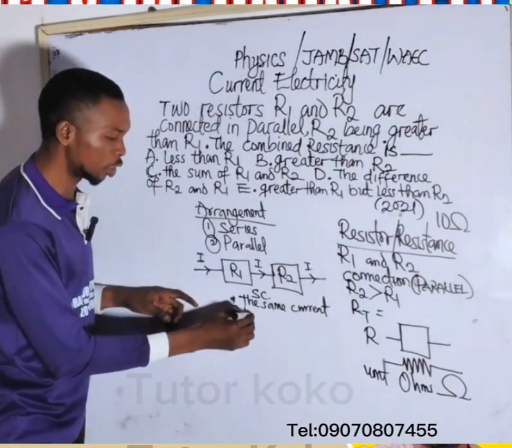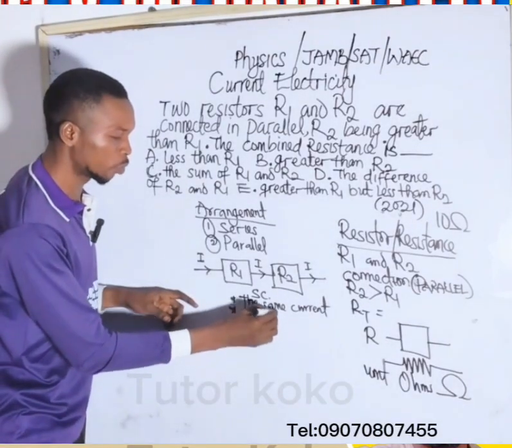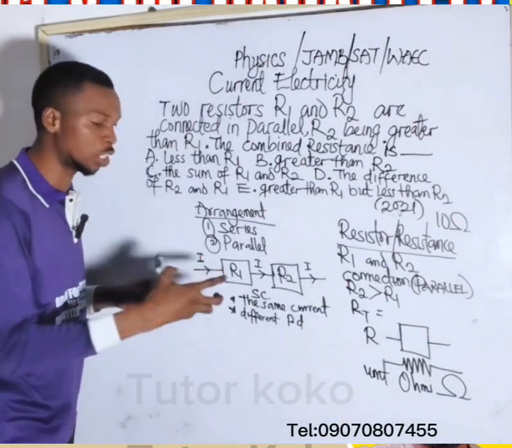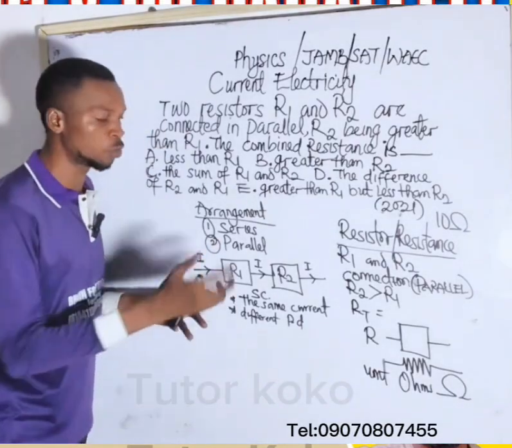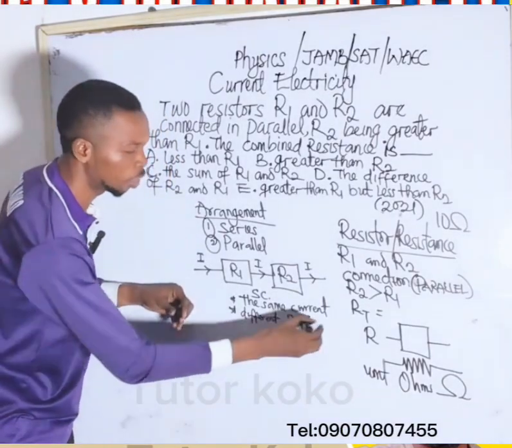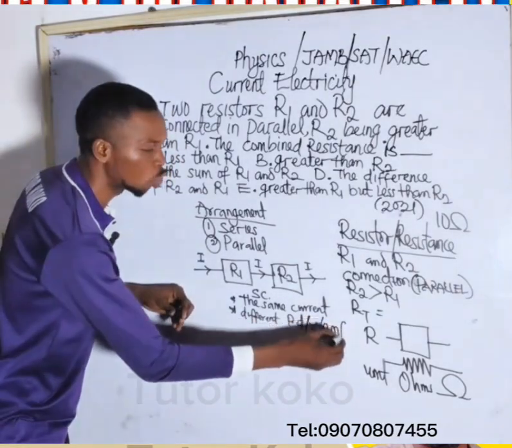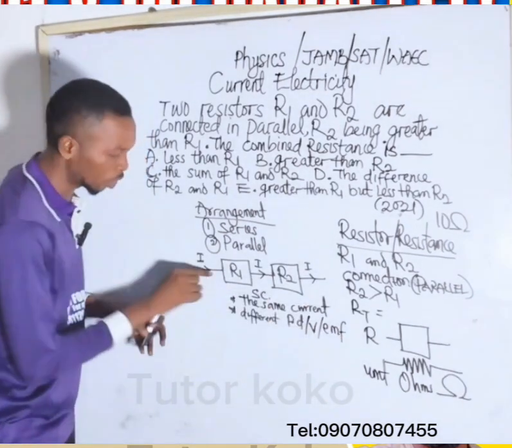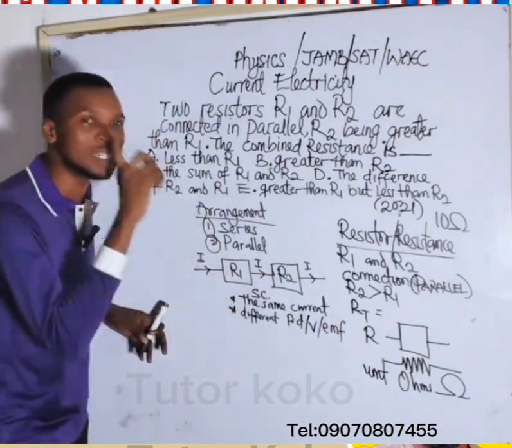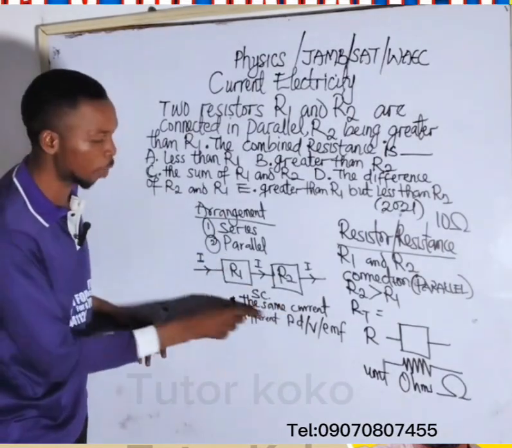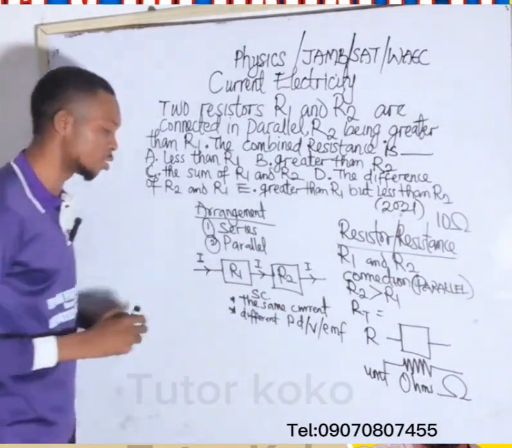Number two, different potential difference. The potential difference, that is the voltage or the electromotive force, these are the three things they can talk about under potential difference. Now, this potential difference will be different across them, because the current is the same.